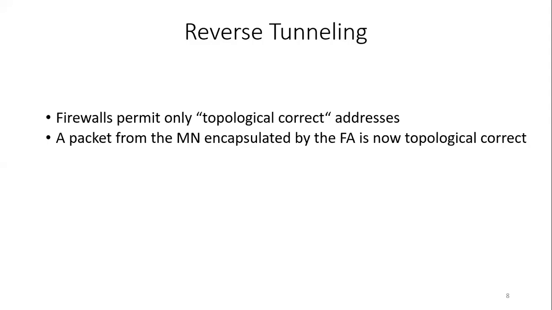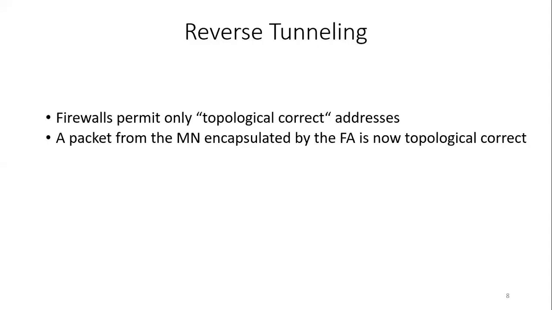But since you are using your current address as the source address, you have in the system the topologically correct address, based on your location, whatever your source address should be. So you'll not be blocked by network security.